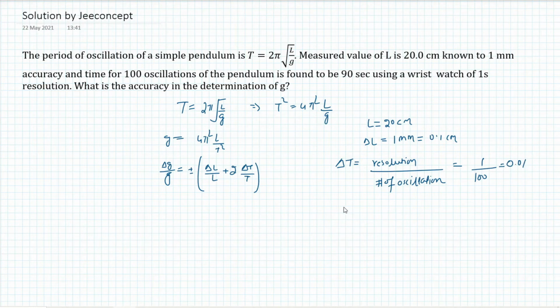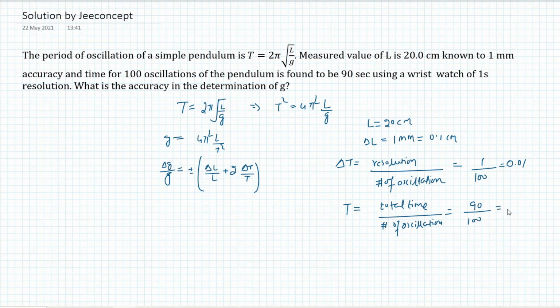Now we have to calculate the time period T, which is equal to total time upon number of oscillations. So this will become 90 is the total time and the number of oscillations were 100.